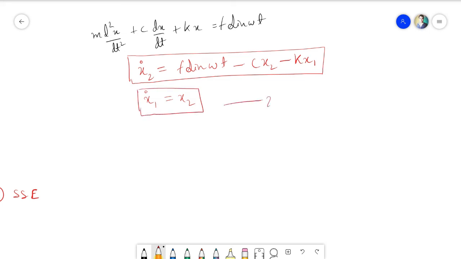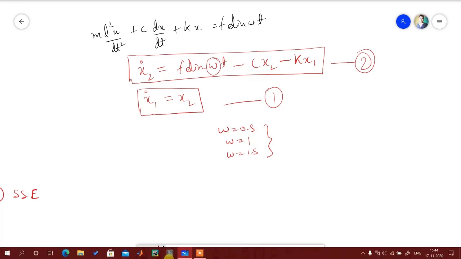In MATLAB you will write this as equation 1 and this as equation number 2. And since omega is equal to 0.5, omega is equal to 1 and omega is equal to 1.5, you have to put all these values here for three conditions.